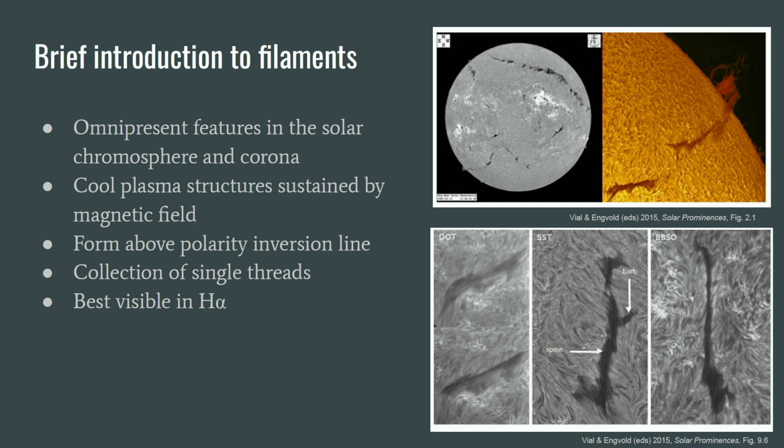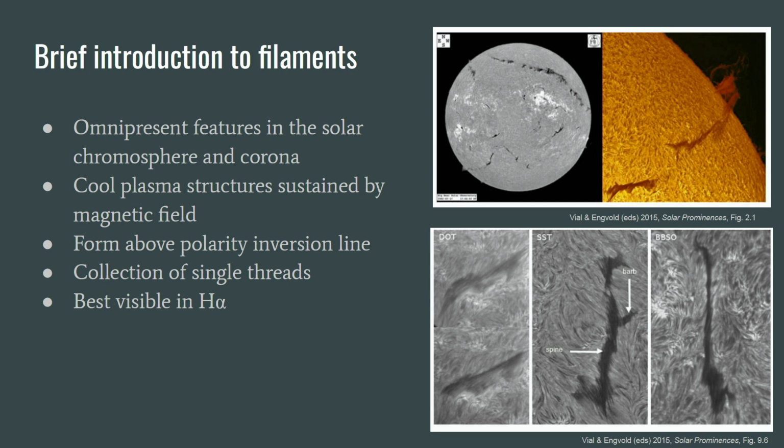And these are cool plasma structures sustained by the magnetic field. As you can see here, they are really cool features, actually. And they form above polarity inversion lines, so separating between different magnetic polarities.